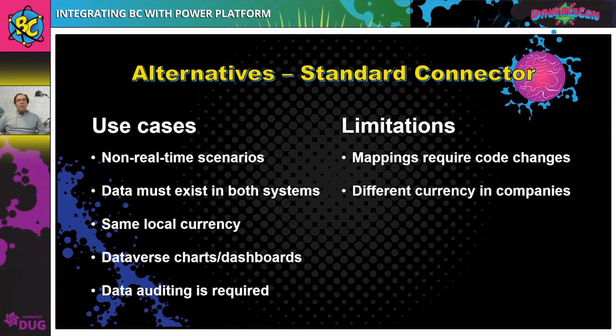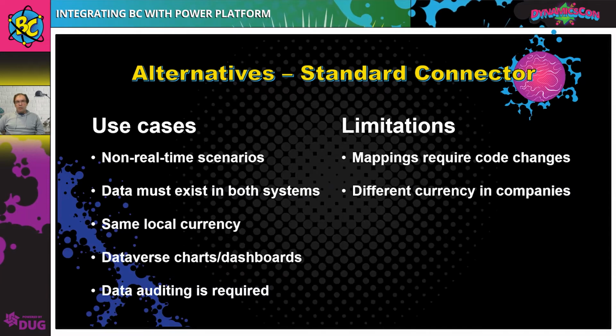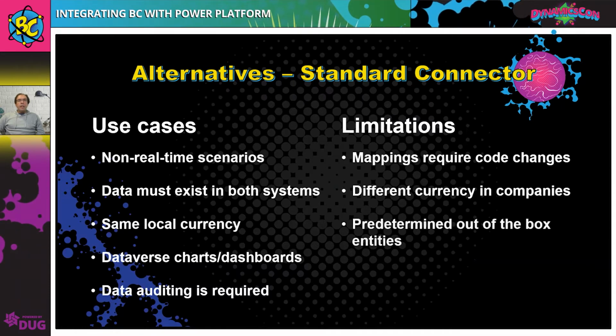The second one is if you have different currencies in companies and you're trying to connect the entity to different companies on BC, then you're going to have a problem, because the standard connector is not able to do that. Finally, you have some predetermined out-of-the-box entities that you can use straight away with some predetermined mappings.